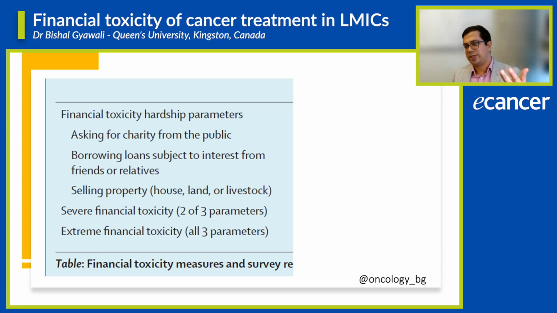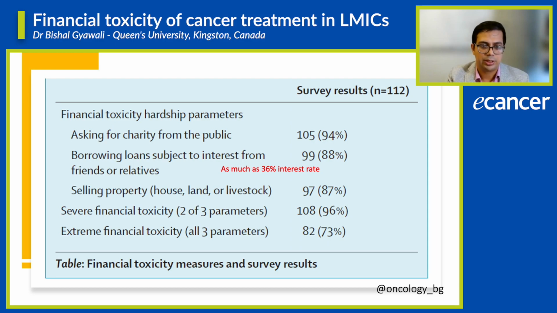The difference between loan and charity is that with a loan you pay interest, with charity you don't pay interest. You're just asking for free money. And we defined that if the patient had to do at least two of the three, it's called severe financial toxicity. If the patient had to do all three, then it's extreme financial toxicity.